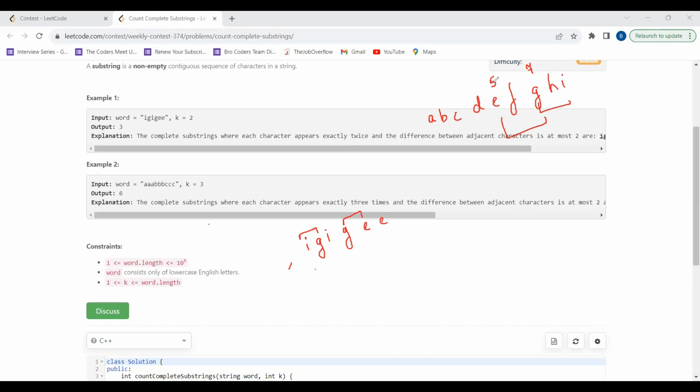So, can G and E exist together? Yes. And now let's see what K is. K is equal to 2.